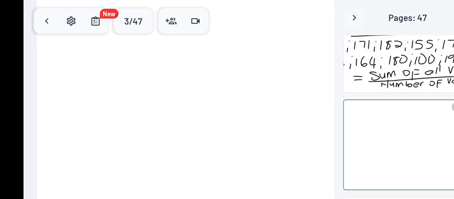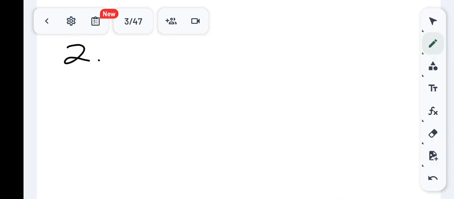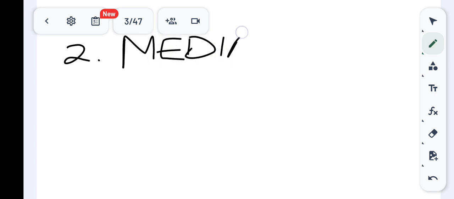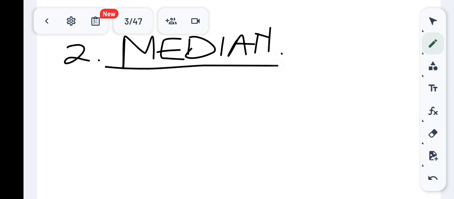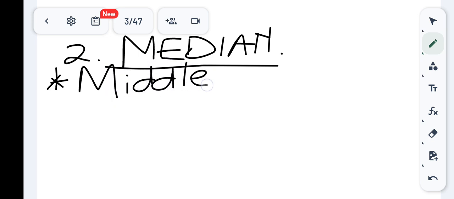Then I want us to talk about median. So what is median? Median is a measure of the middle term.